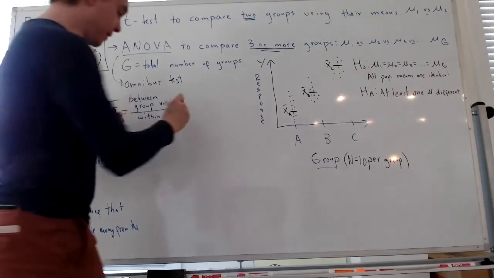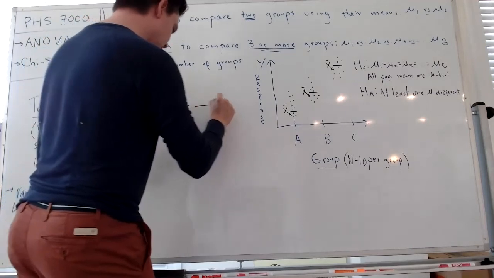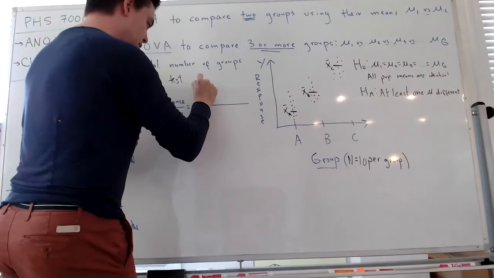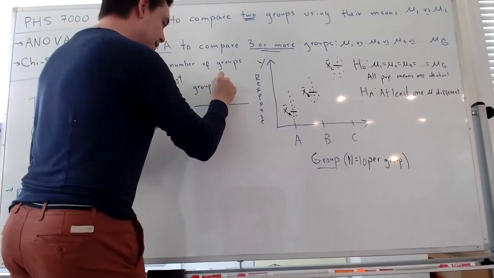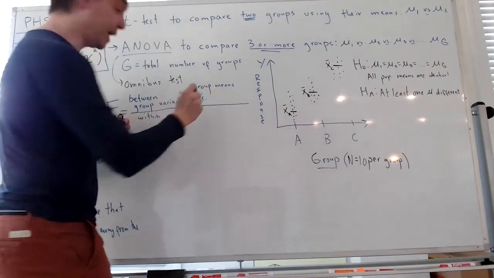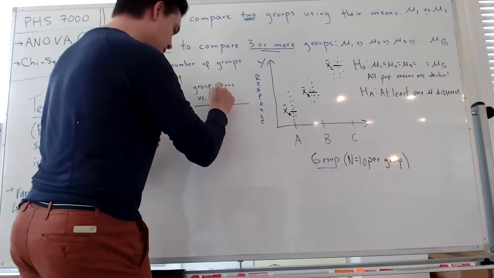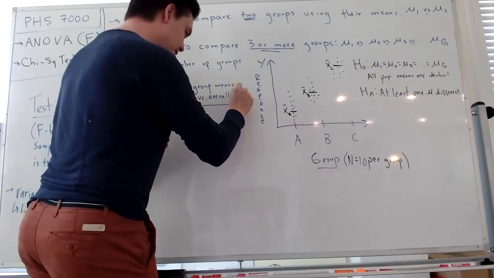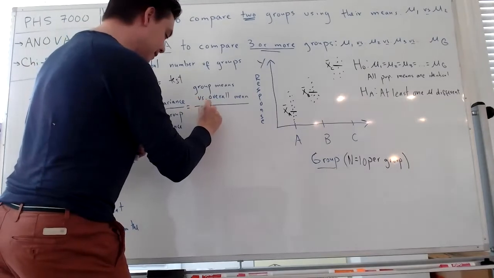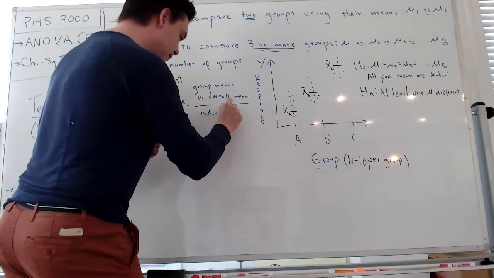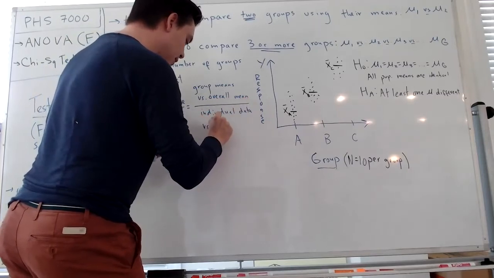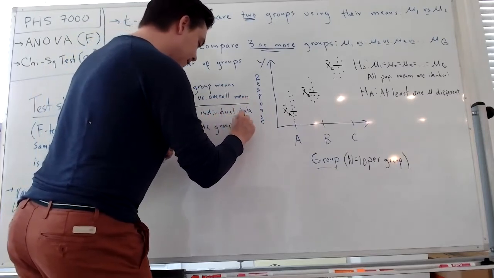Another way of thinking about it is group means versus overall mean, divided by individual data versus group mean.